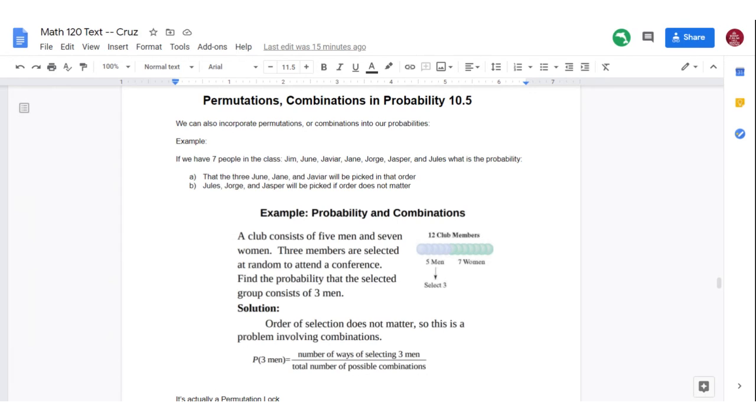It has to do with order, like things like passwords and phone numbers and anything where order is important, that is going to imply using a permutation.